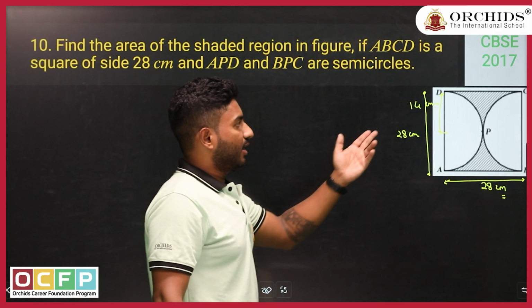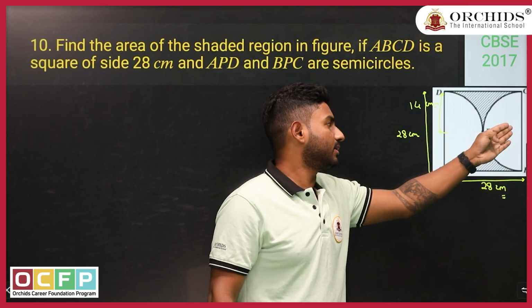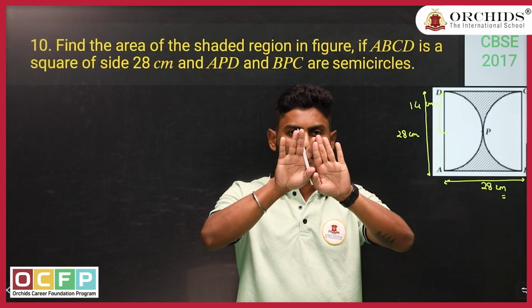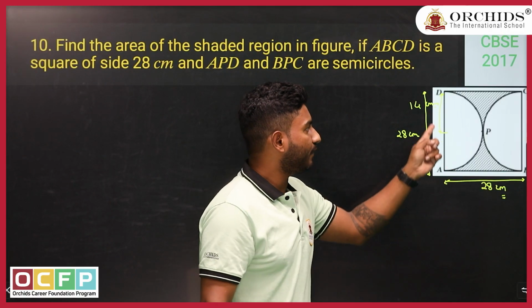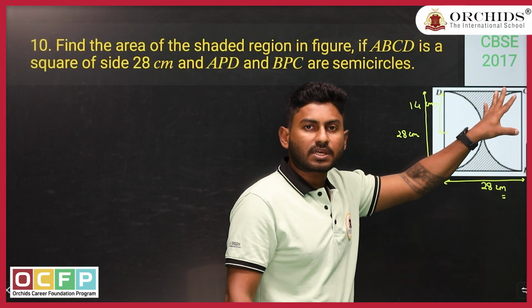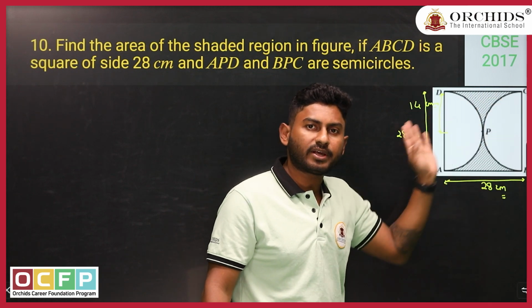See, we can just find out the area of the whole square, subtract the area of the semicircle, again subtract the semicircle. Now if you just think of two semicircles combined, it becomes a circle only, right? So if I just subtract the area of the circle from the whole of this square area, won't we get the answer?